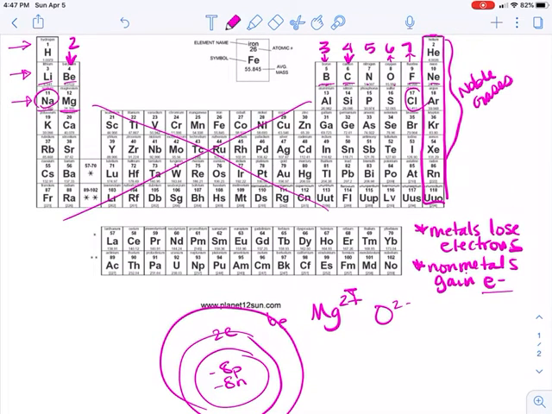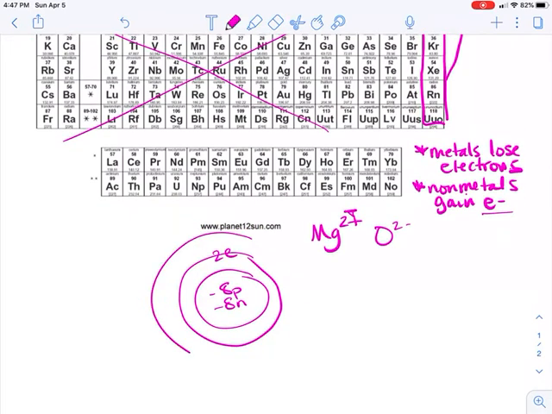We just said that oxygen was in the 6th group, but it wants to be like a noble gas. So if we redraw that circle anyway, and we gain 2 electrons, instead of having 6 now we have 8 electrons.